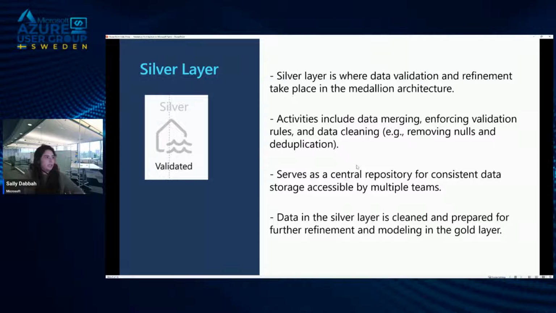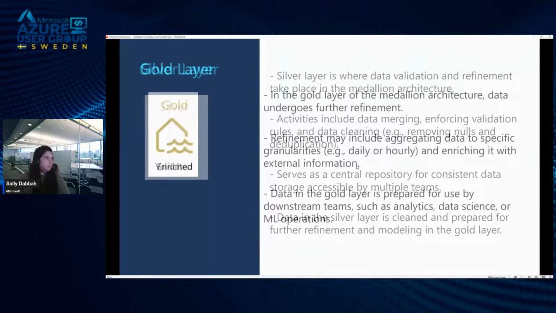Activities include data merging, enforcing validation rules, and data cleaning, like removing nulls or deduplication. It serves as a central repository for consistent data storage accessible by multiple teams, and data in the silver layer is cleaned and prepared for further refinement and modeling in the gold layer.